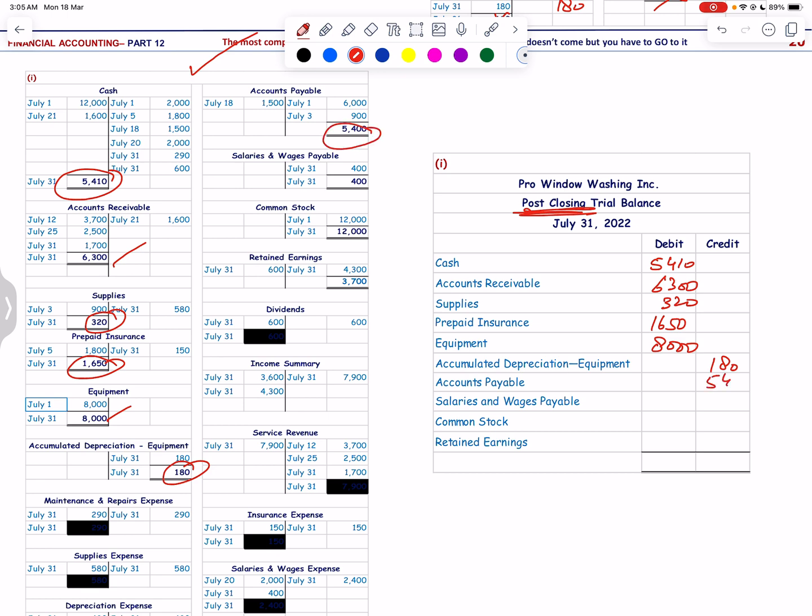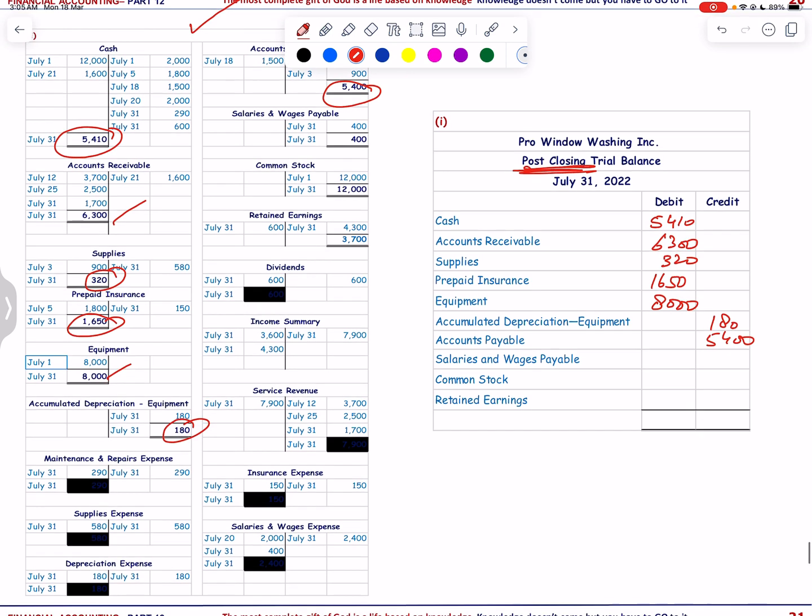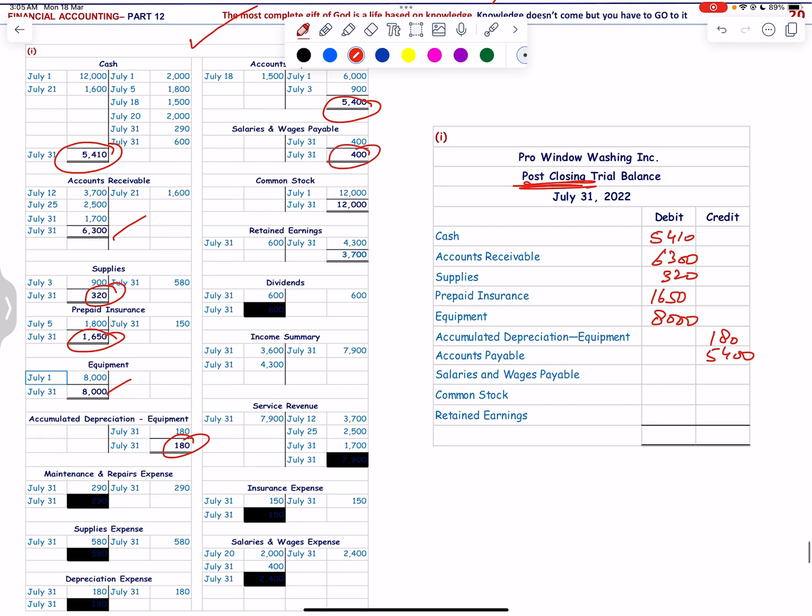Common stock is 12,000, and retained earning is 3,700. So once we make the total, it is 21,680, and since the two sides are equal, mathematically, as I say, the post closing trial balance is correct.